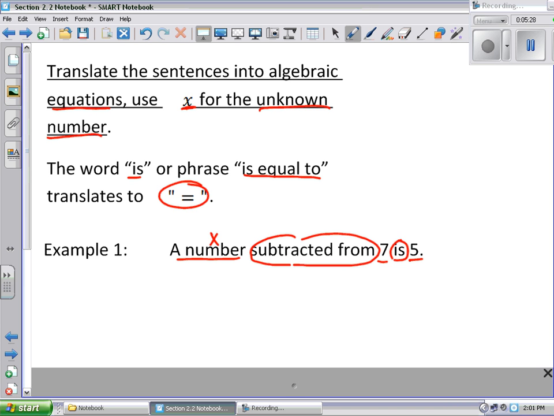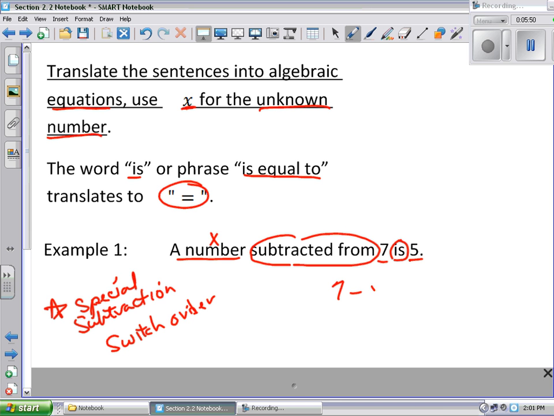Then I will have a number subtracted from 7. Now remember that subtracted from is a special subtraction where you have to switch the order. A number subtracted from 7 would be 7 minus x. Is translates to the equal sign, 5. 7 minus x is equal to 5.